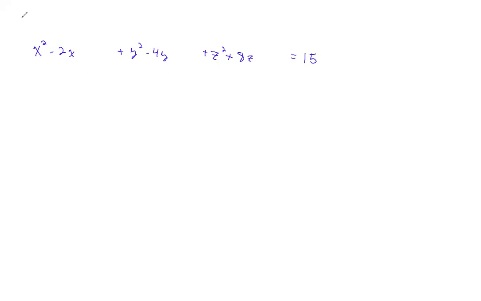Now this is what we have, right? And we haven't done anything so far. All we've done is rearrange the terms, so we've grouped all the x's together and all of the y's together. That's the only thing that we've done so far. But what do we want?